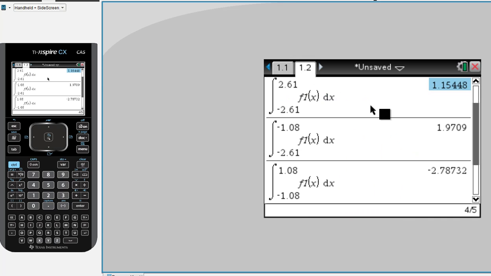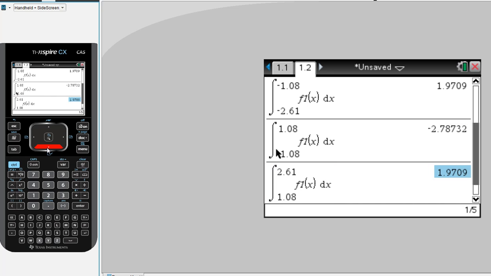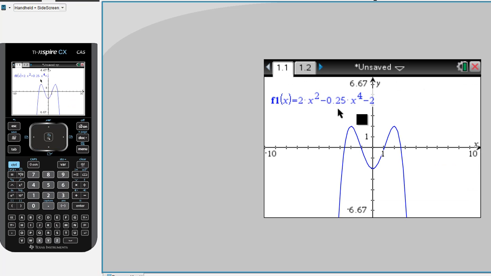When we find out the area, that's not what we want. So we have to do three different parts. 1.97 plus 2.79 plus 1.97, and we have the total area.